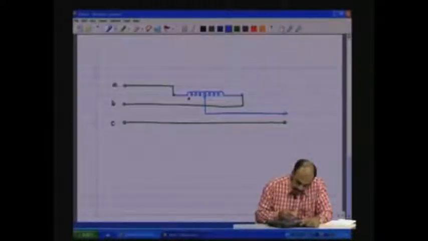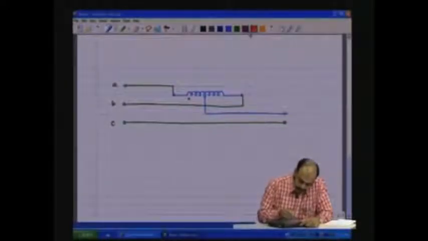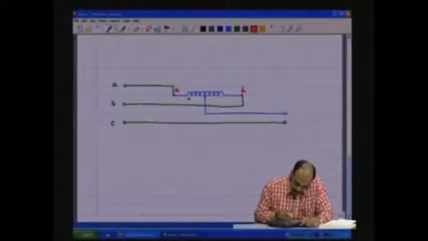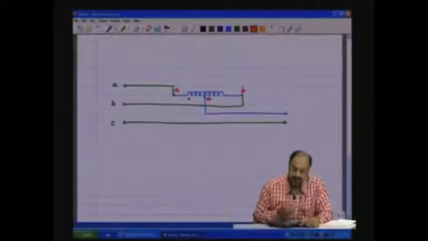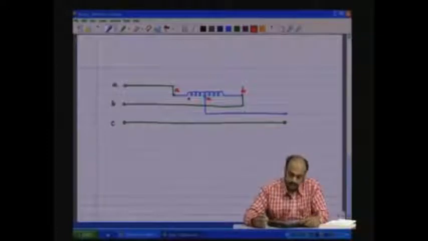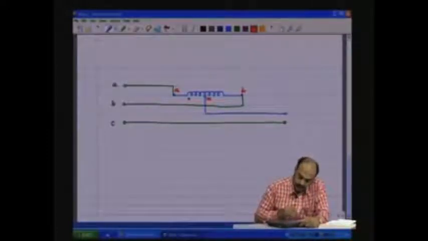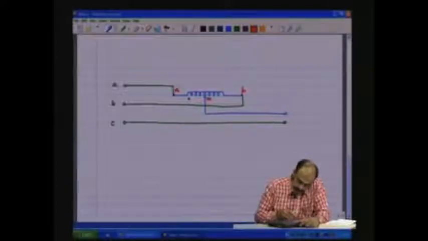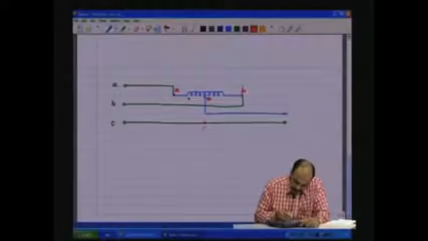Now, this of course is A, this is B, and this point we will call it as M. Let me make a dot here, and this is C.